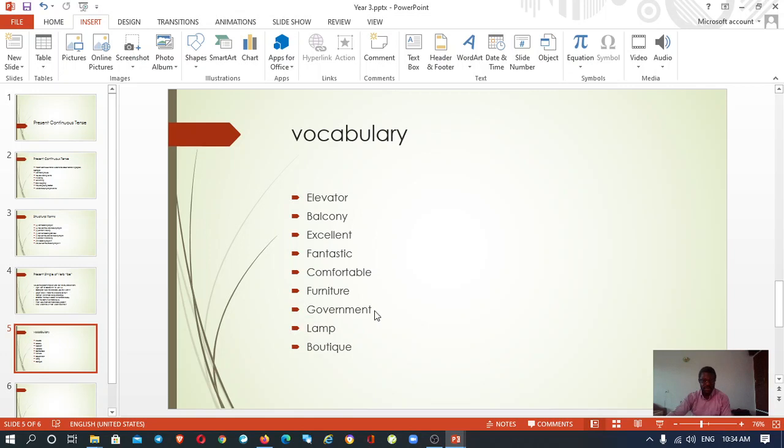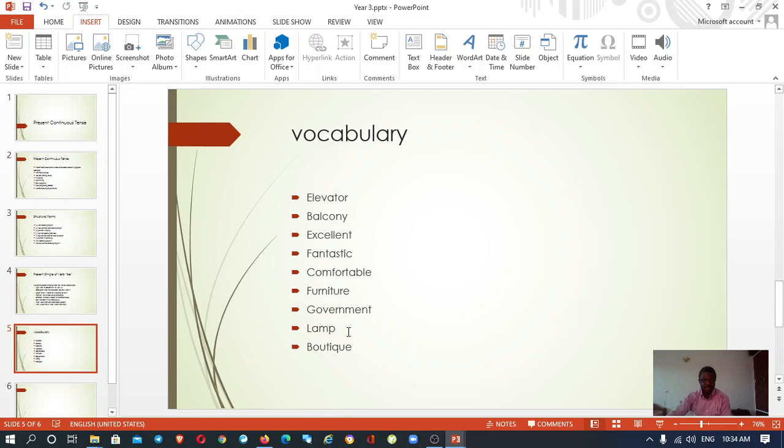And you have government. The government of Cambodia has mandated that people get vaccinated because of the COVID-19. So government means the institution that is in charge of maybe a country, or an organization.